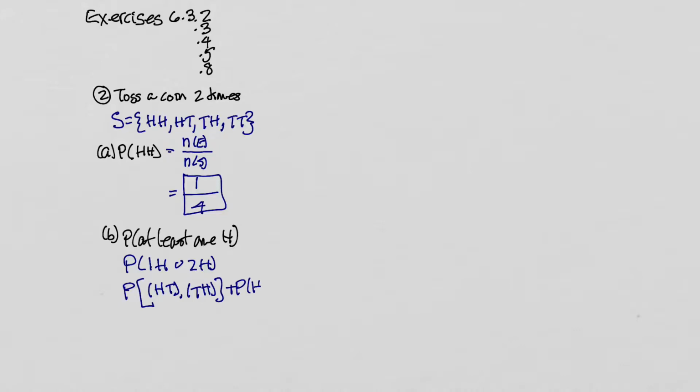And 2 heads, you can only get a head and a head. In the first, out of 4 elements in that sample space, we're going to have 2, plus. The plus comes from this or. And in the second one, the probability of 2 heads is 1/4. So we're going to end up here with 3/4 as our probability.